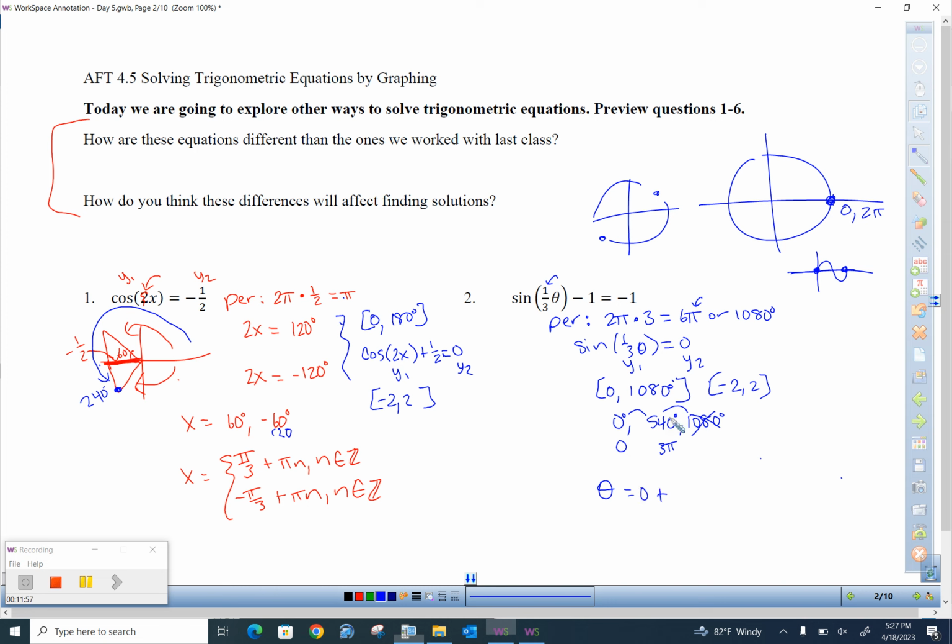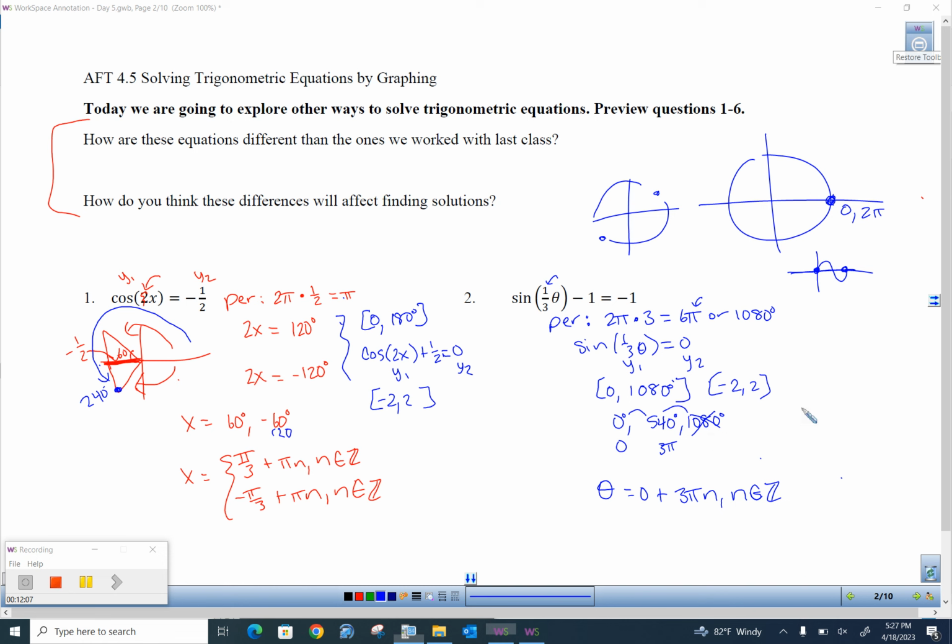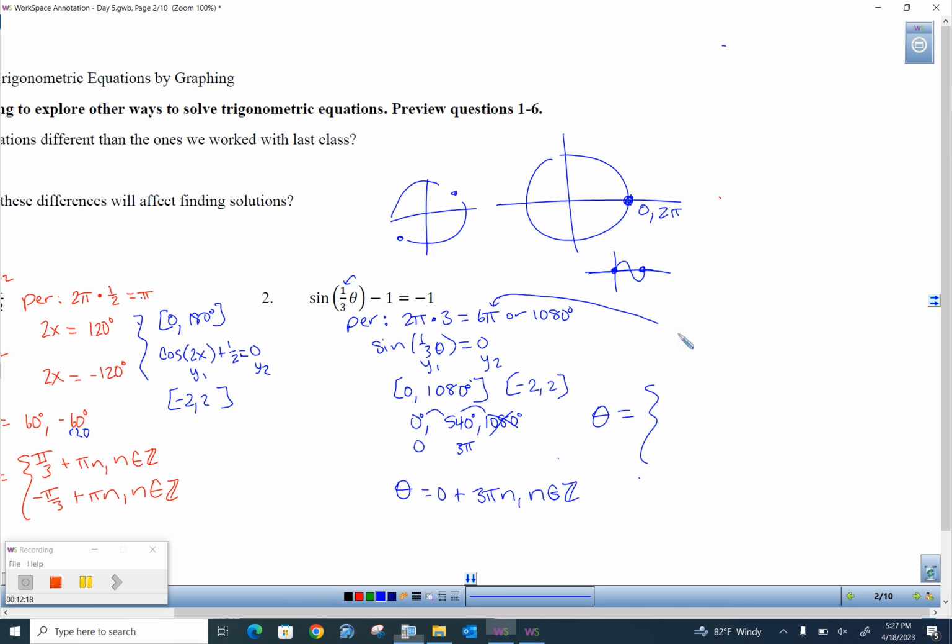We already decided that 540 is 3 pi, so we can write it as 3 pi n, where n is an integer. If we just have two, so suppose there were not all three in this window, then what we would want to do is stack them separately, just like we have been doing, and we would add the period on, which from earlier was 6 pi rather than 2 pi. Okay, so we're going to see that as we practice through some more problems here.